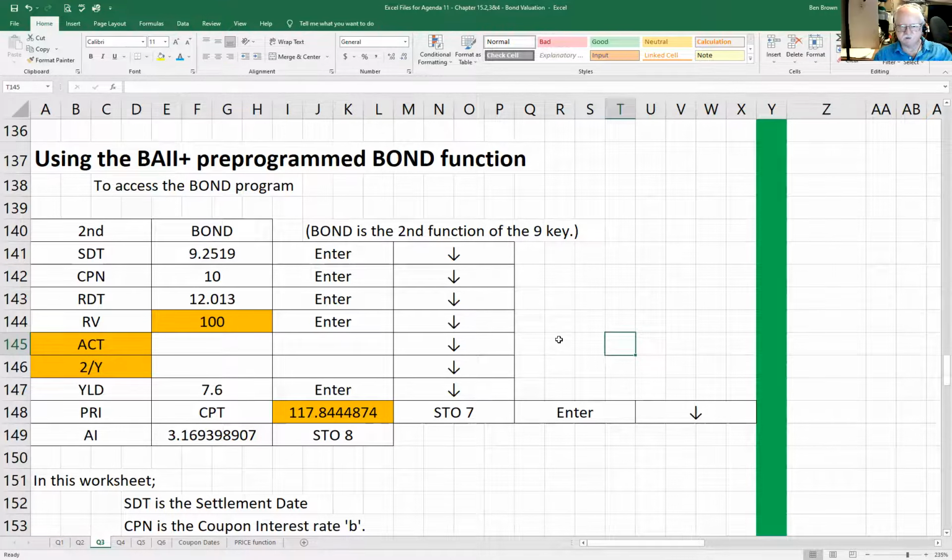So if you see the number 9 key on your calculator, notice the little word written above it is called bond, because they know that you're going to want to do this calculation. So let's go over to the BA2 plus, and I'll do this calculation and I'll try to explain what's happening when we do it.